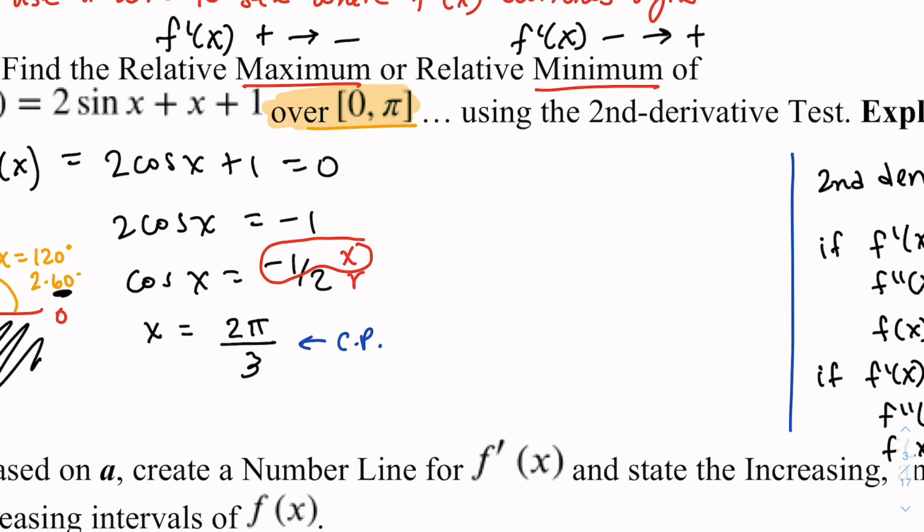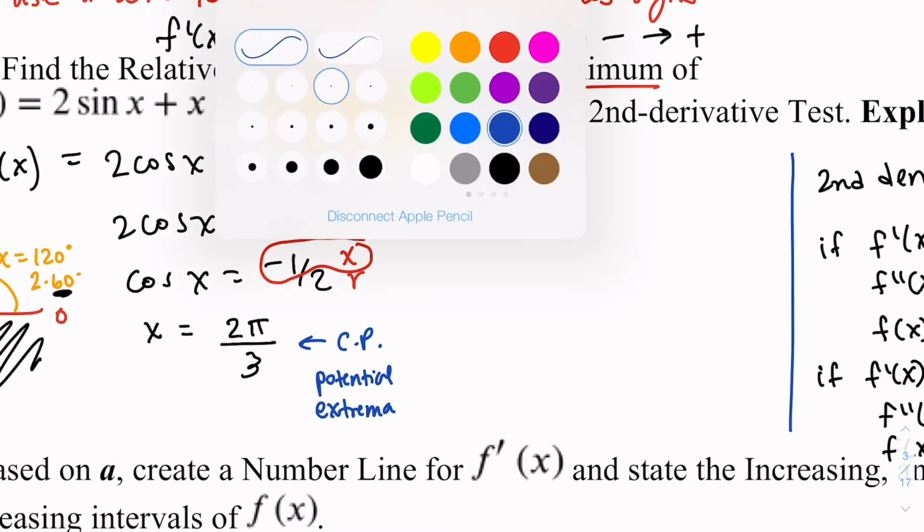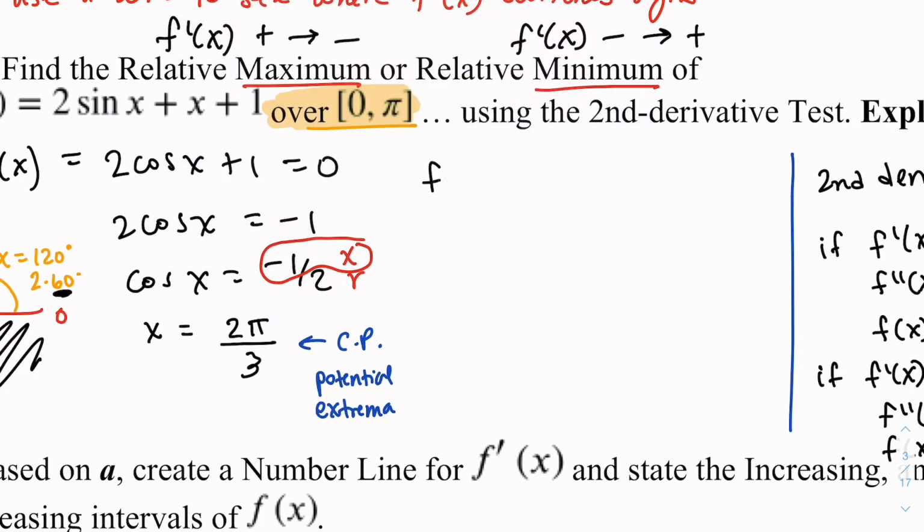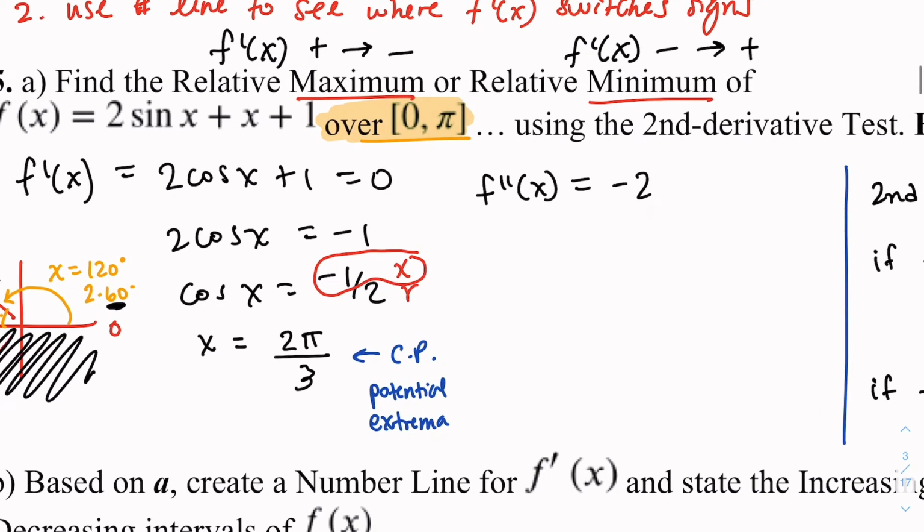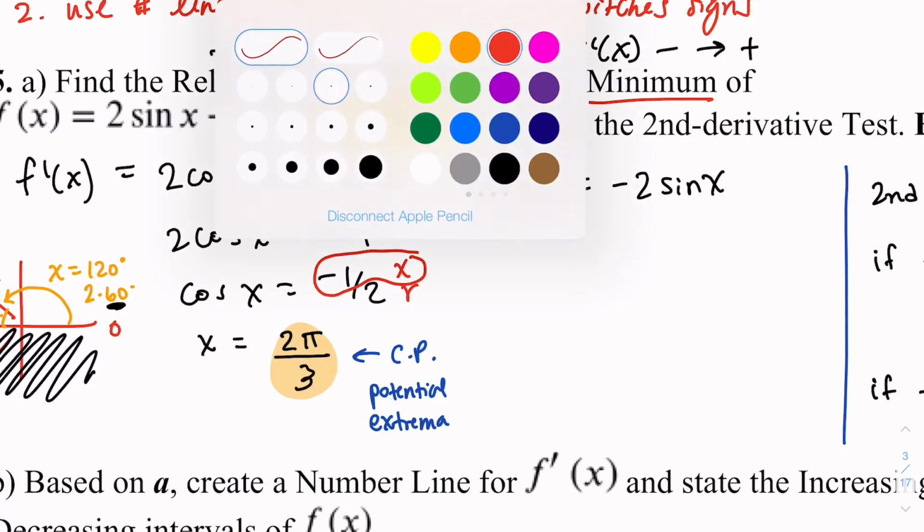So our critical point is a potential extrema, a potential max or min. Let's see which it is. So the second derivative is going to be negative 2 sine x. Now, I want to know if my graph is concave up or concave down at this point. So we'll plug that in and see.